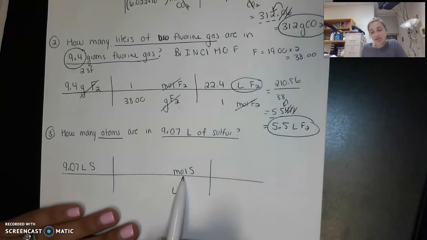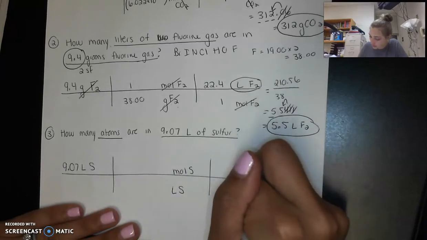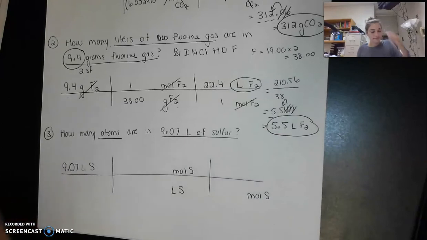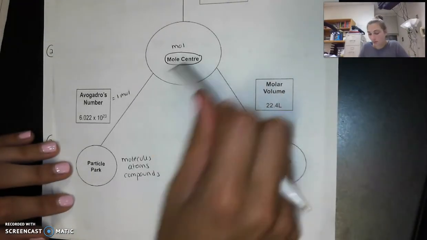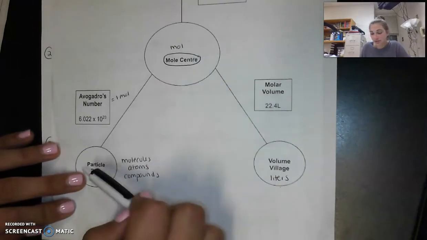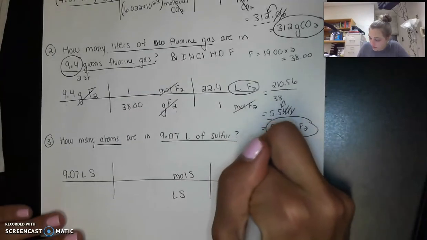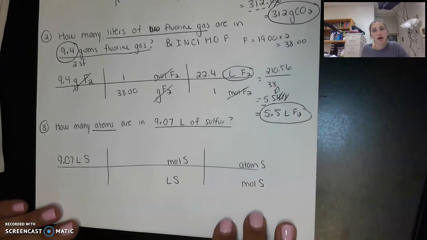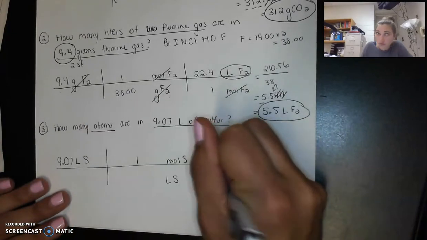Now, I'm not trying to stay in moles because it's asking for atoms, so I have to get out of moles, so I put it on the bottom. Okay, now I'm going from moles to particles, because that's where atoms is, and that's just our next step. So, it's going to be atoms of sulfur. All right, next up, I have to make sure to put 1 in front of moles.